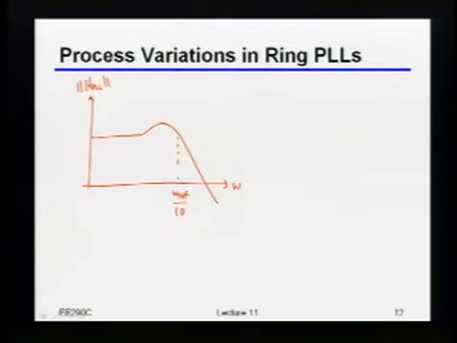All right, so now here's where we start having some fun. I just said that at a fixed point, process or temperature could move the frequency of the oscillator by easily a factor of 2. If I move the frequency of the oscillator by a factor of 2, what else is going to vary that may cause you some unfortunate problems?